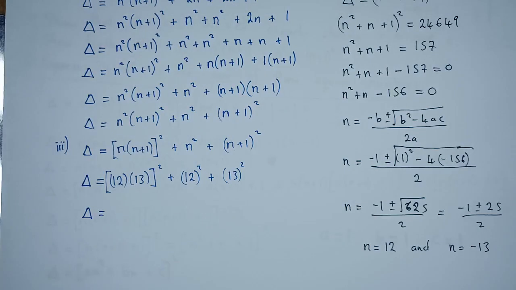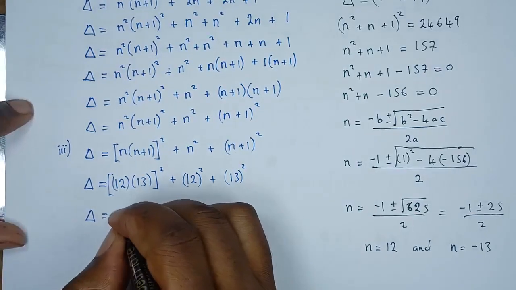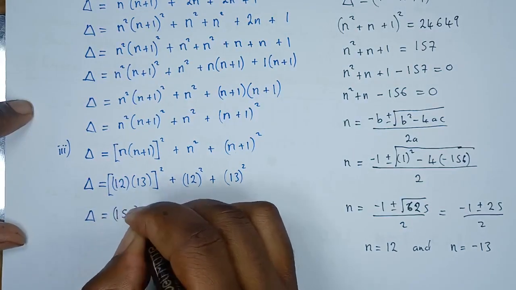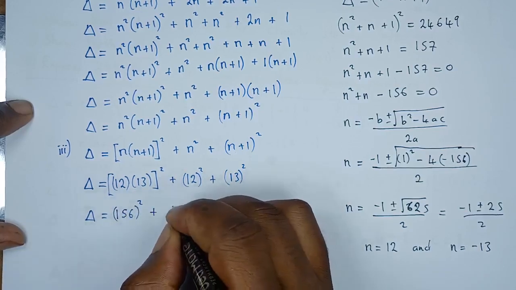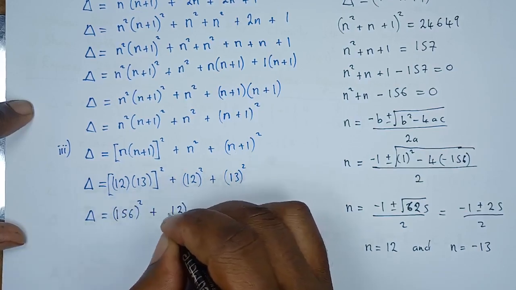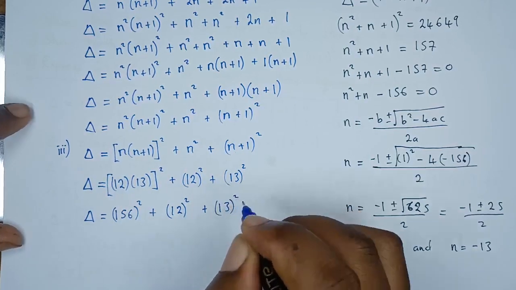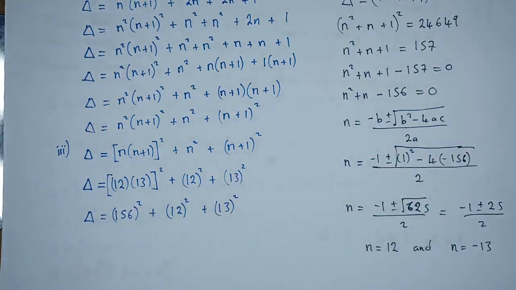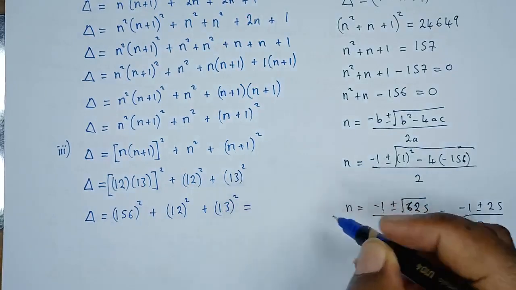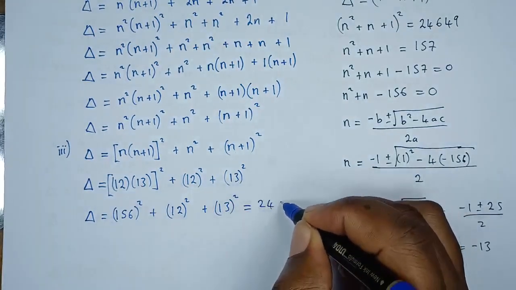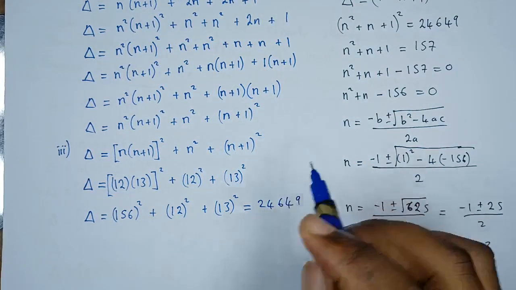What is 13 times 12? We have 156. So this is 156 squared plus 12 squared plus 13 squared. So already we're done. This whole value that we have here is equal to 24,649. You can prove that.